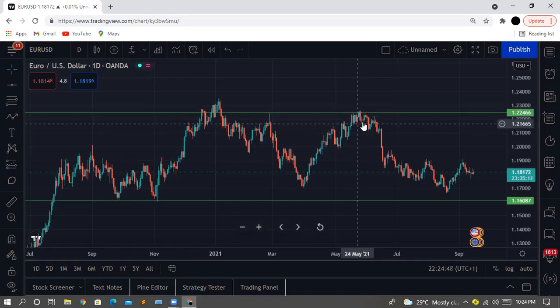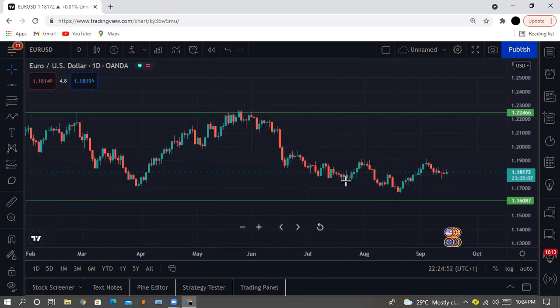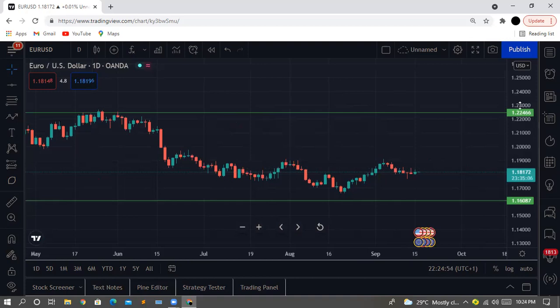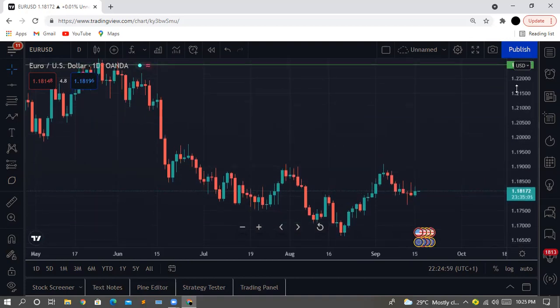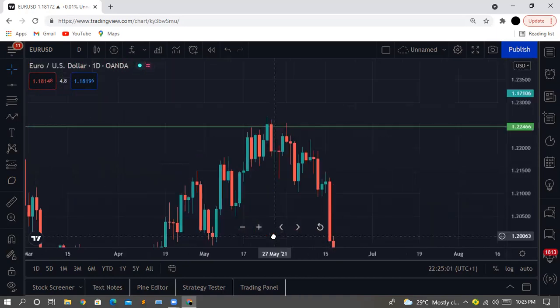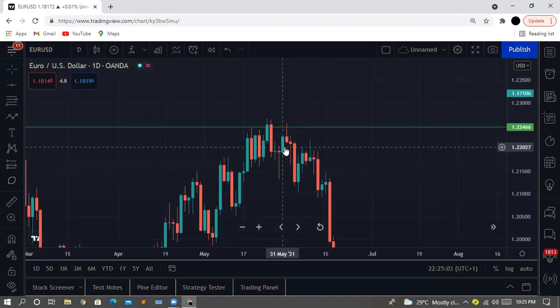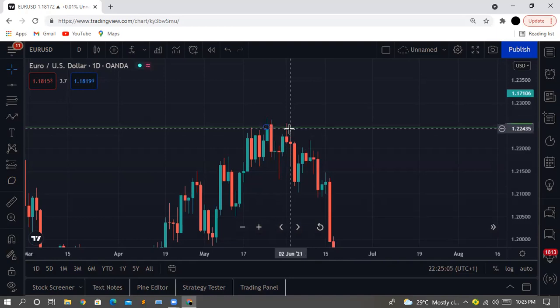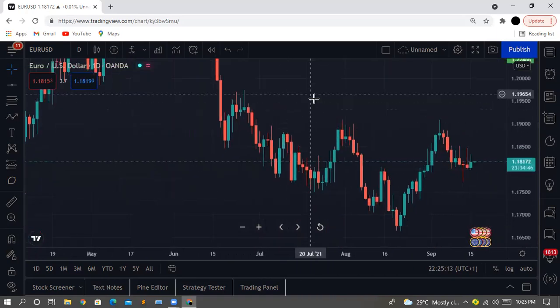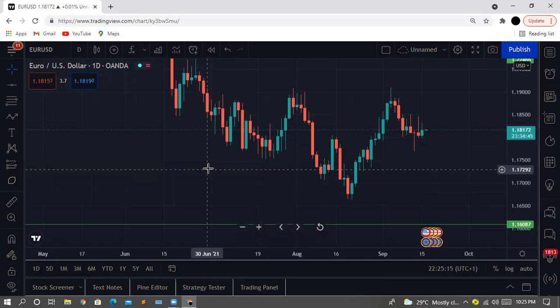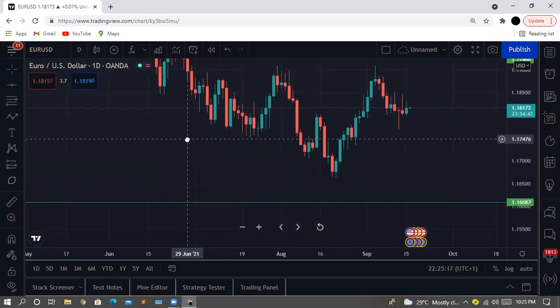Then it went back up, let me zoom in, and formed a hanging man. And then you can see how it continued falling for days.